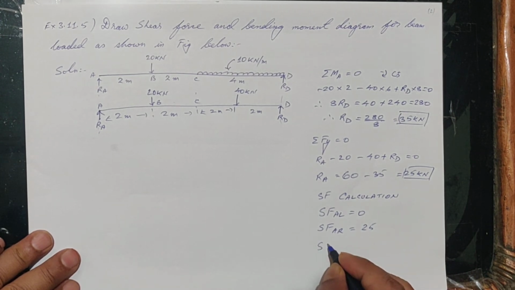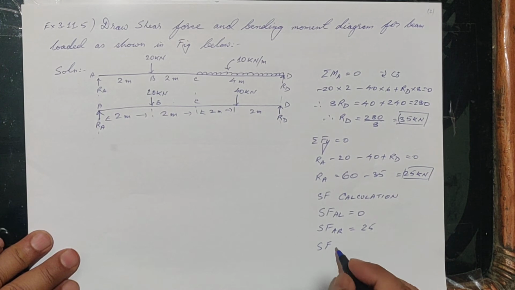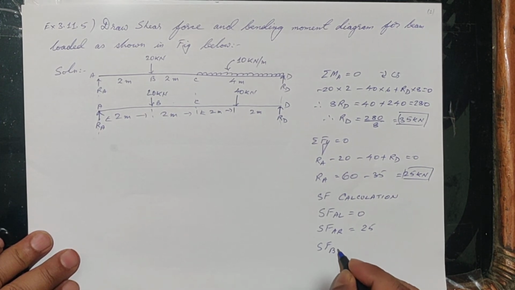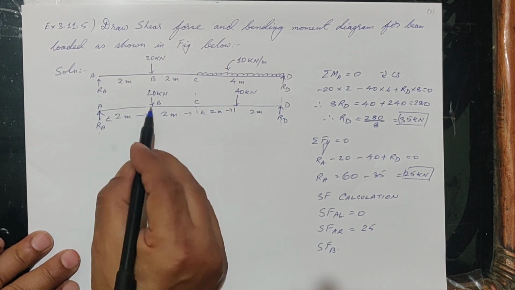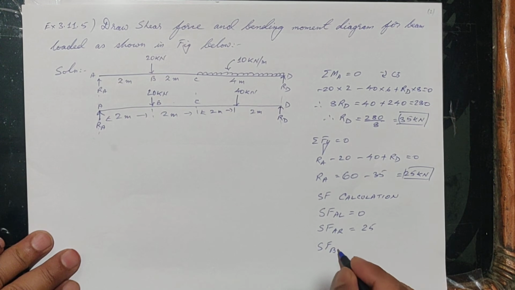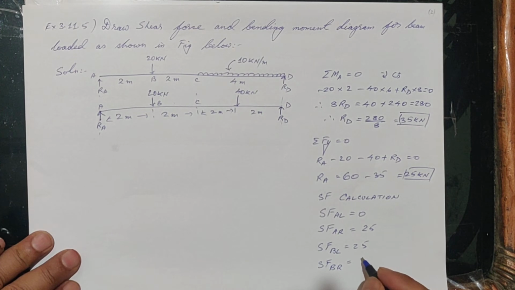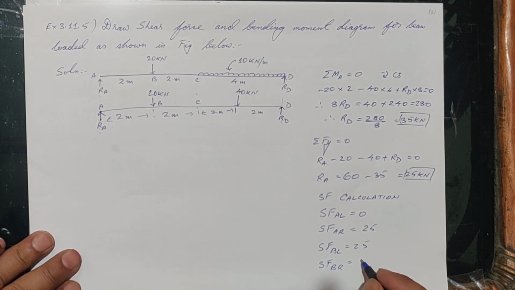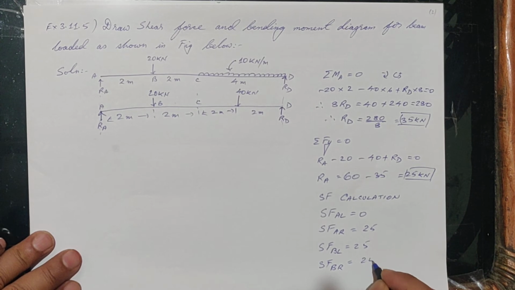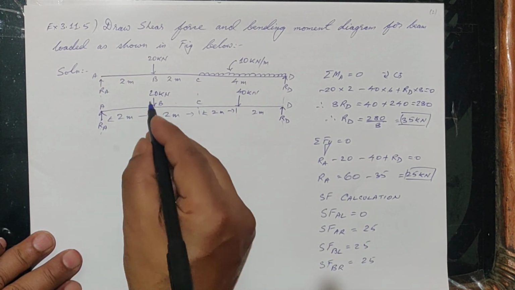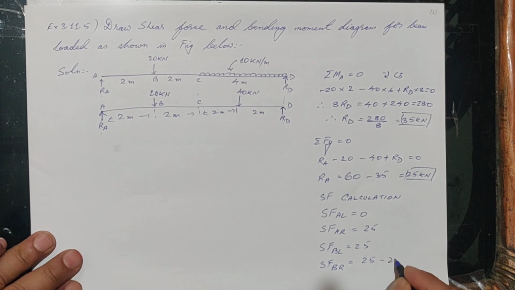Then SF at B. Till B we do not have any other force, so till B left will be 25 only. SF at B right hand side, we have 25 minus 20, so it comes to 5 kilonewton.